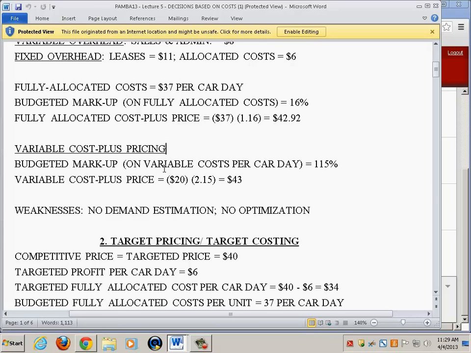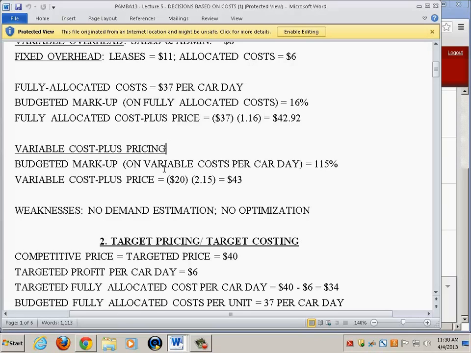Well, it turns out that at a price of 43, they would demand only 25,000 car days. So under these conditions, yes, we can estimate the cost of 37, add 16%, and decide that we'll charge $43 per car day.